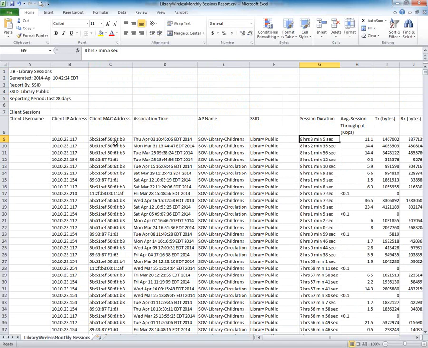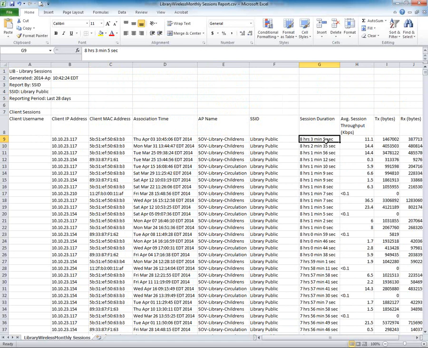And that's where the client MAC address comes in handy, because you're going to see numbers like this if you have staff members who have their own smartphone, or if you have staff who are connecting to the wireless network with a work computer.